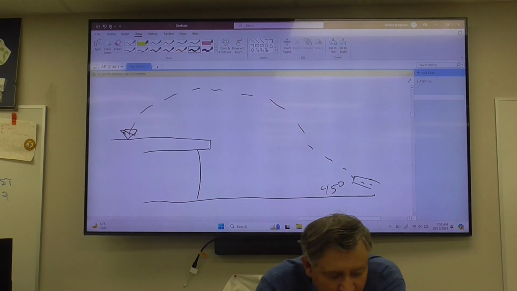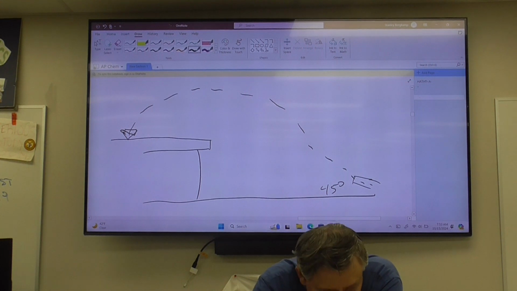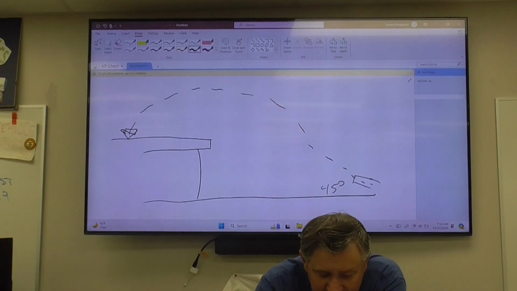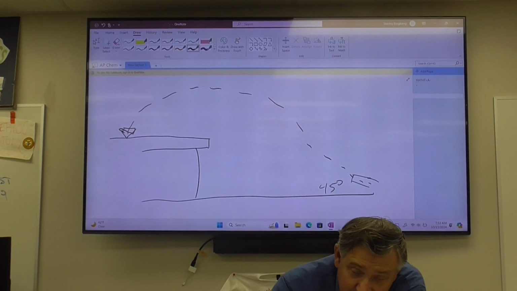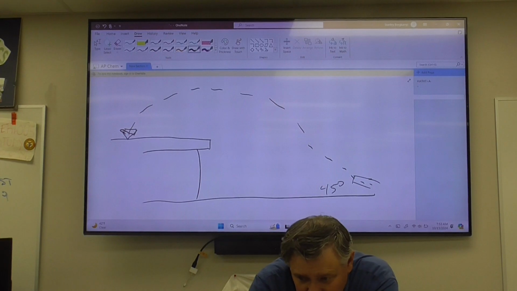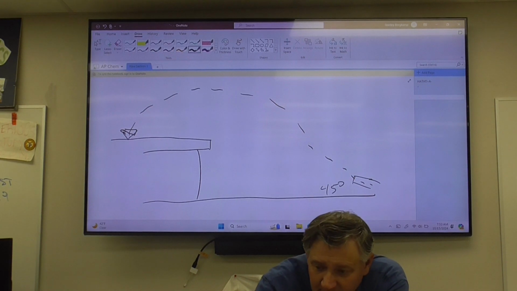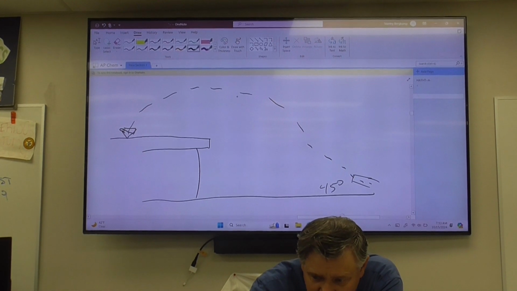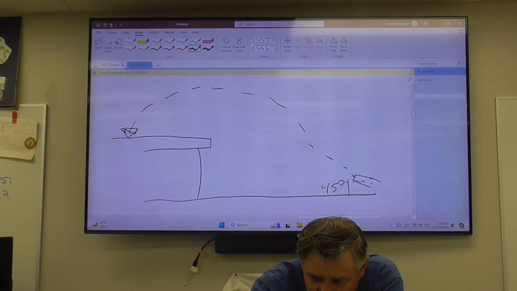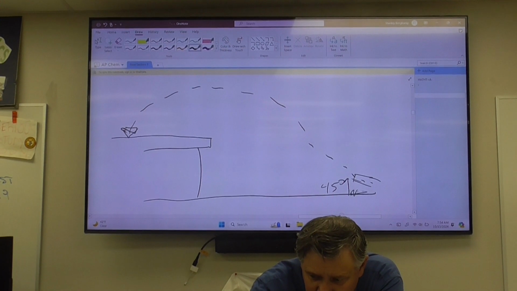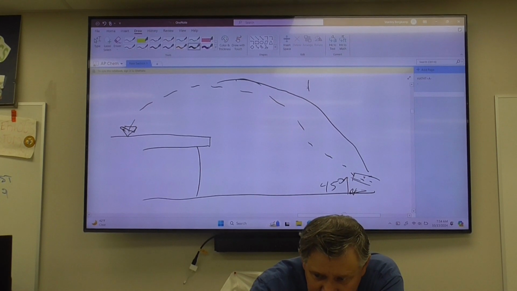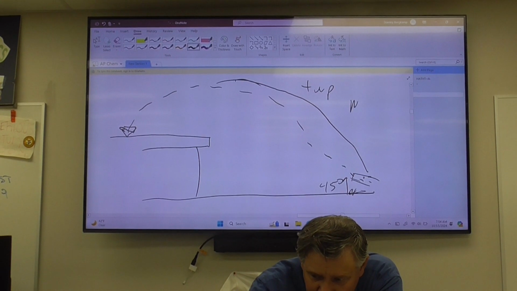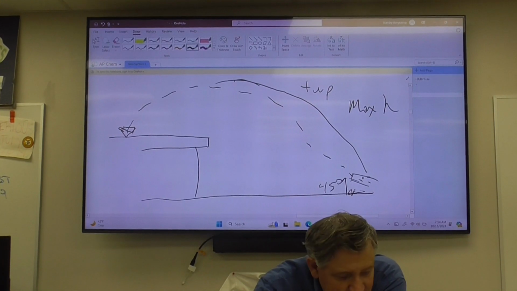Now, here's the story. There's two ways you can do this problem. You can work it in pieces, or you can work it all at once, but you have to use the quadratic. So, one option is that you know the 45-degree angle, so you can find your Vx, Vy, your time up, and your maximum height.